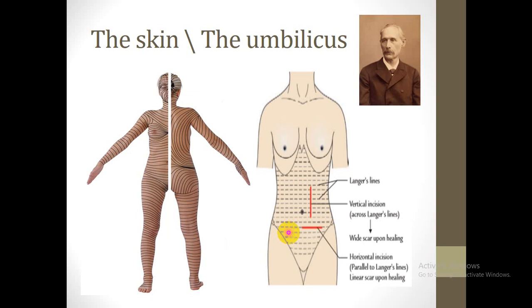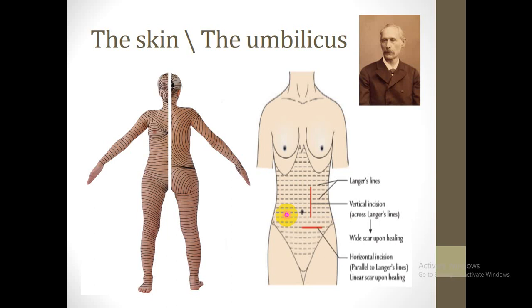Also found in the skin of the anterior abdominal wall, in the center of the abdomen, is the umbilicus. As we said before, it is a depressed or elevated scar found in the anterior abdominal wall and corresponds to the fetal attachment of the umbilical cord.